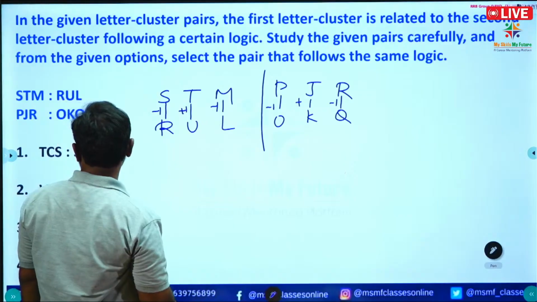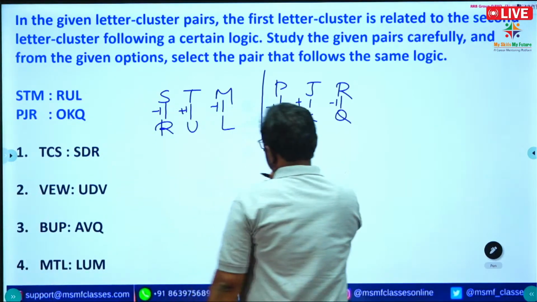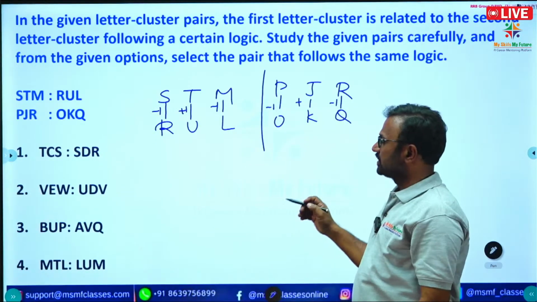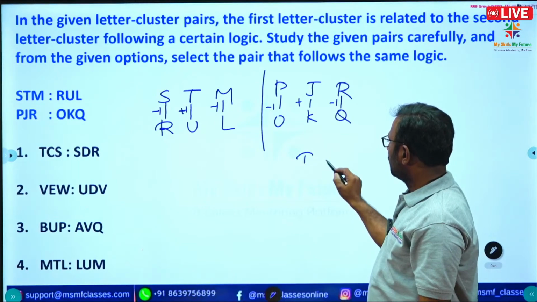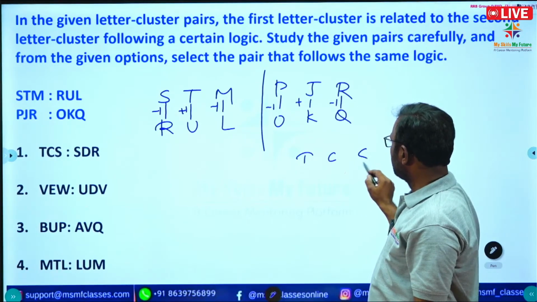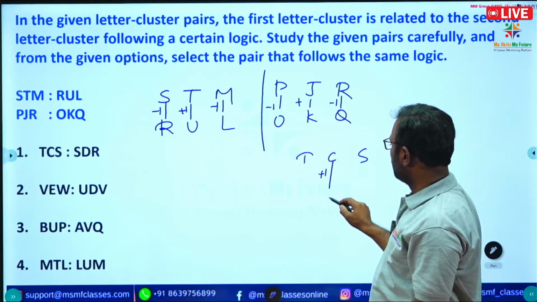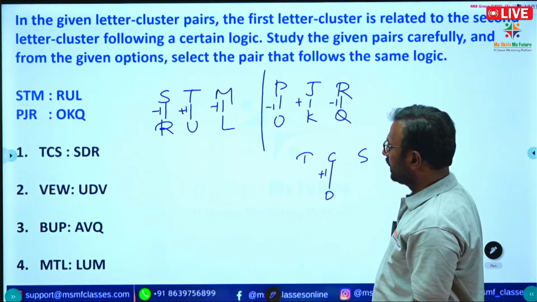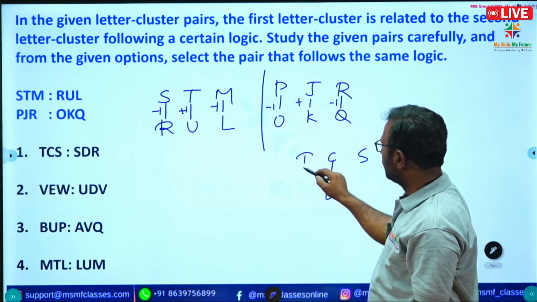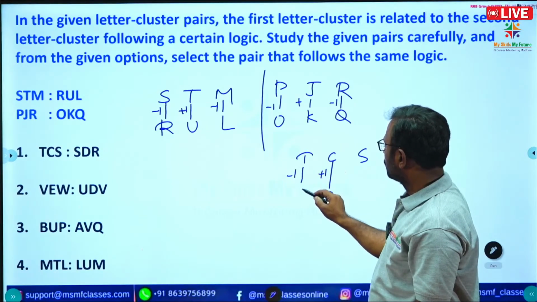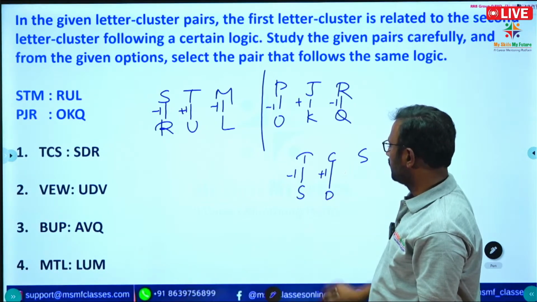Which option will satisfy the condition? First check option 1, TCS. In the middle we get plus 1, yes, D is correct. And we get minus 1 here, so S is correct.